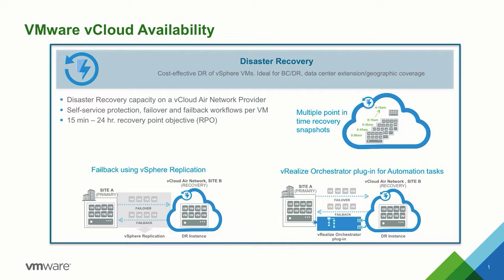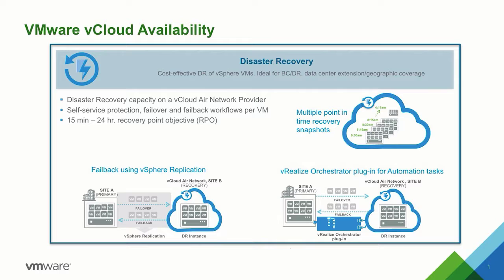You can have a 15-minute to 24-hour recovery point objective, and you get 30 days of recovered VM run time in those cloud providers. Because these cloud providers are distributed globally, you can very easily leverage this service to build your disaster recovery capabilities for the enterprise.